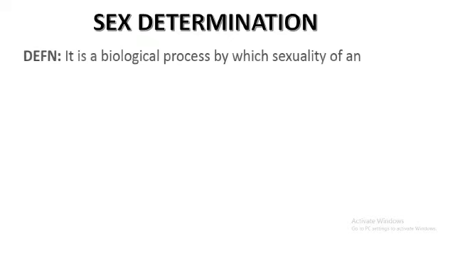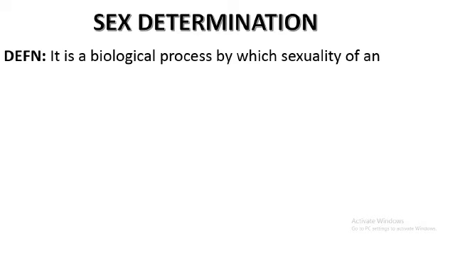What is sex determination? Sex determination is a biological process by which the sexuality of an organism is determined. That is very simple. Here we are going to identify whether the individual born can be male or female. Here it is not after birth, but before birth.